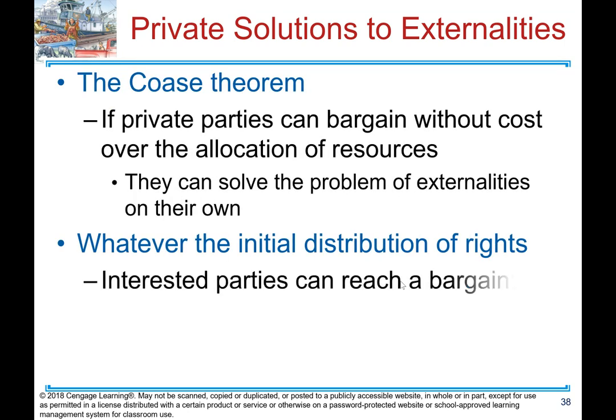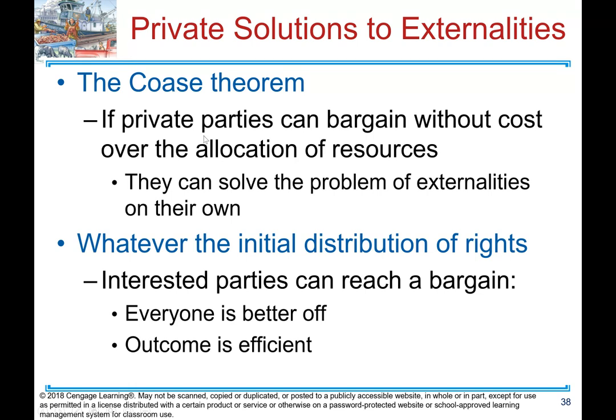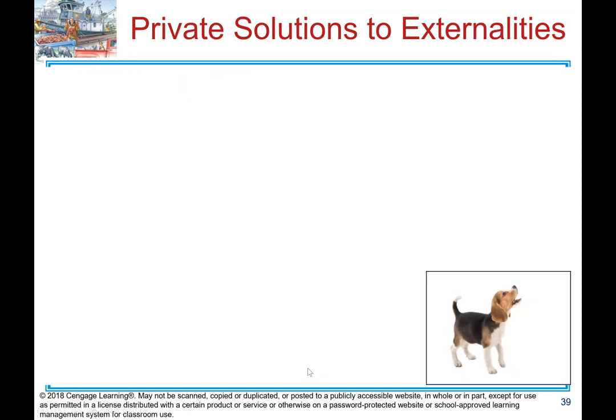The Coase theorem: if private parties can bargain without cost over the allocation of resources, they can solve the problem of externalities on their own. Whatever the initial distribution of rights, interested parties can reach a bargain. Everyone is better off. The outcome is efficient.